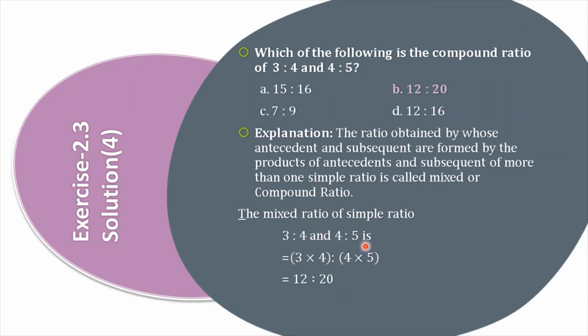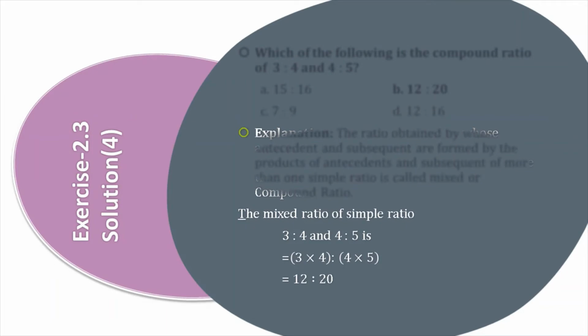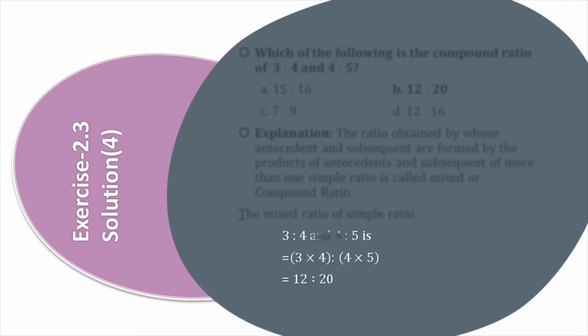That is the formula you need to know, and you have to remember this. So 12:20 is our desired answer. So my dear students, this is solution number 4. The answer will be 12:20, and you can see the explanation and you will understand this formula.